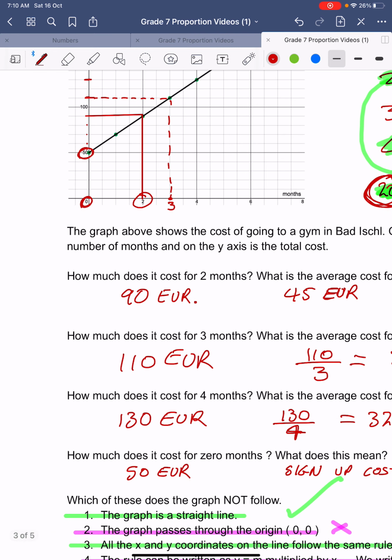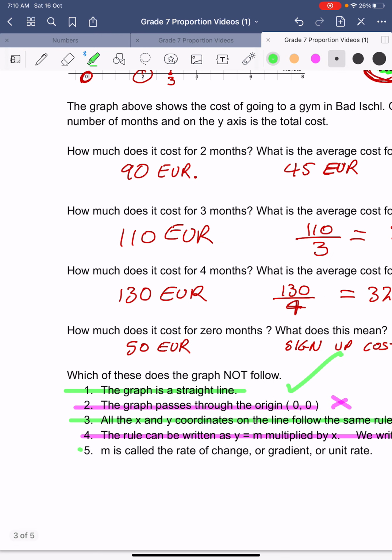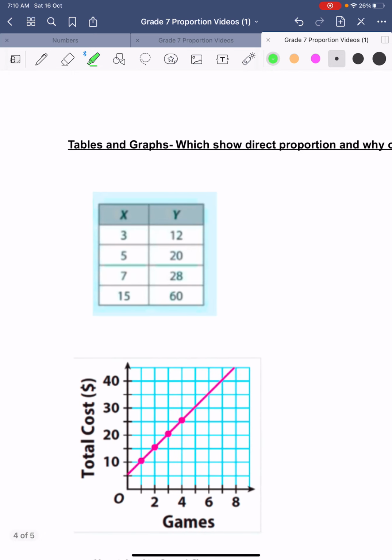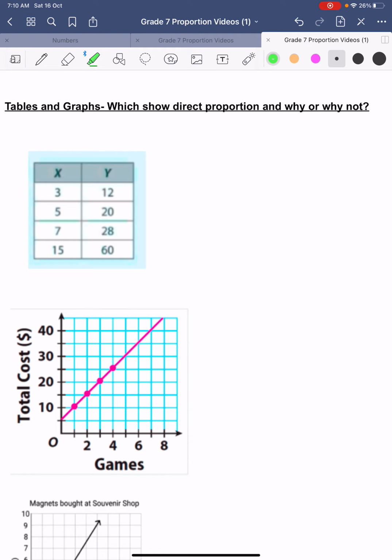It's the cost for every extra month. So that's actually true at the bottom, even though the formula isn't quite mx, but the m here is the gradient.